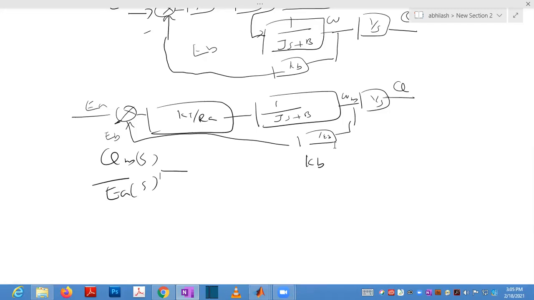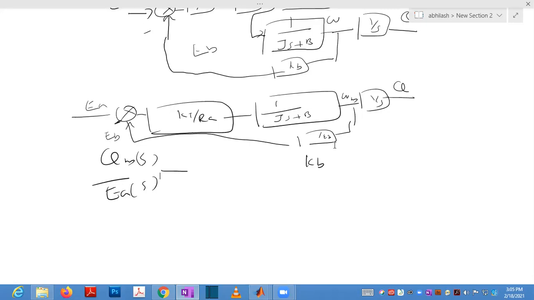Lenz's law also you can use, because the cause is being opposed. The magnetic field direction is the same and the rotating direction is the same, so the generated EMF will oppose the applied voltage.